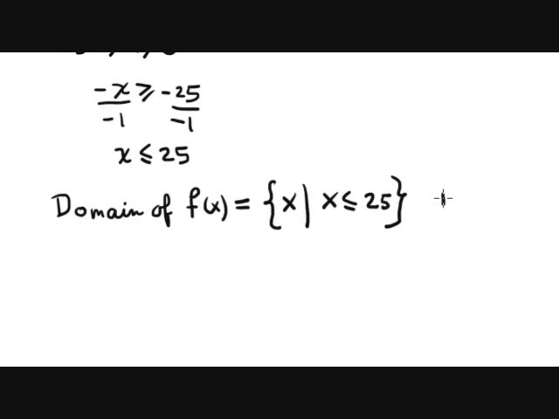This corresponds with option D in the handout. Another way to express the same idea in interval notation is from -infinity to 25, bracket.